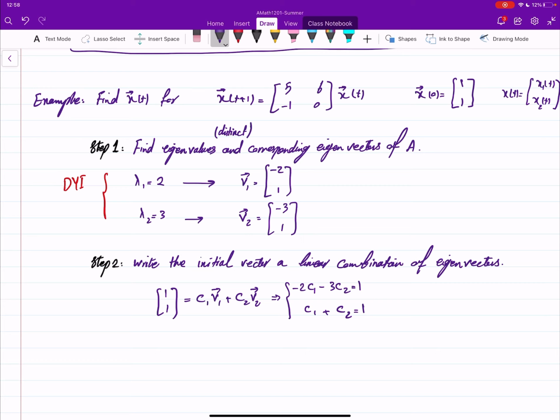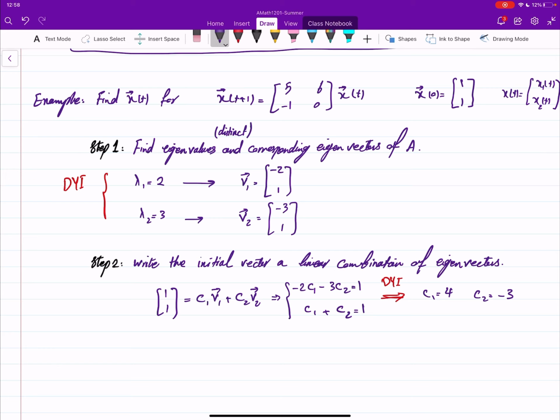So now we have a system of linear equations. We try to solve it. Again, this one you can do yourself. It's simple. We have done lots of examples of this form. C1 must be 4 and C2 must be -3.